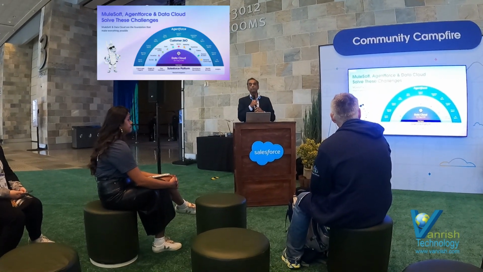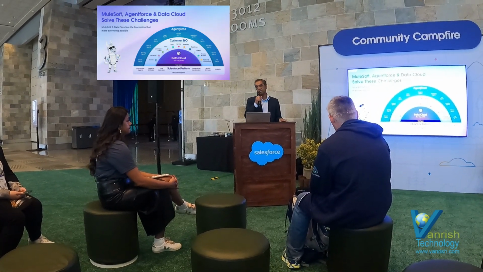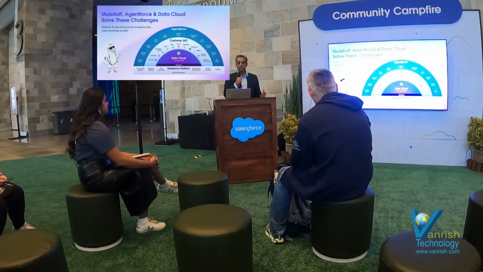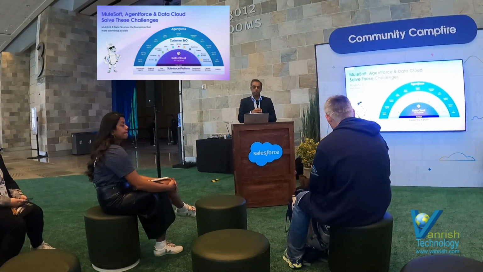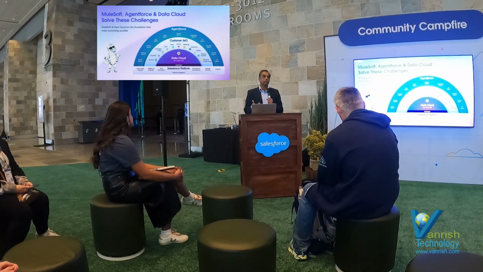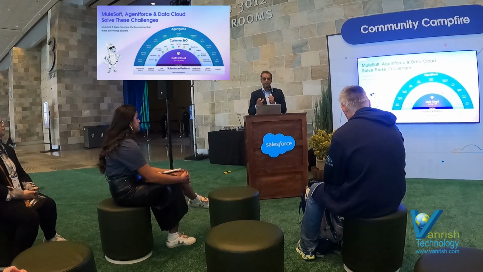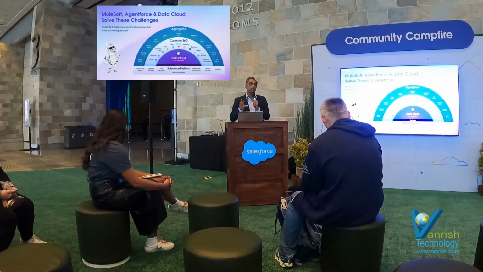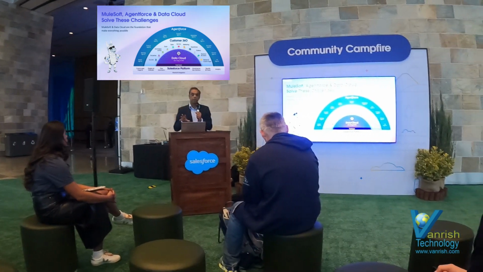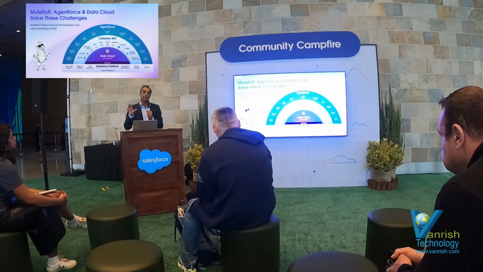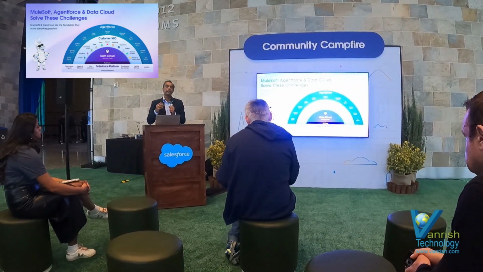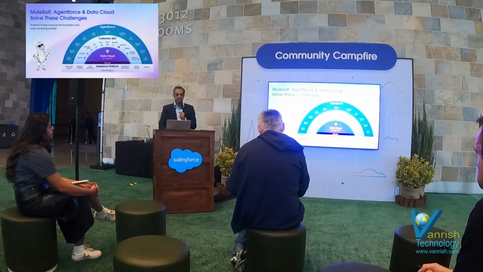So now how can we overcome those challenges? MuleSoft, Agentforce, and Data Cloud solve these challenges. How are we solving them? You can see this diagram everywhere in the Salesforce ecosystem, and it is a very good diagram. It gives you a holistic picture of your whole system, how you can integrate all different systems with Data Cloud and then MuleSoft enables that data for your system.